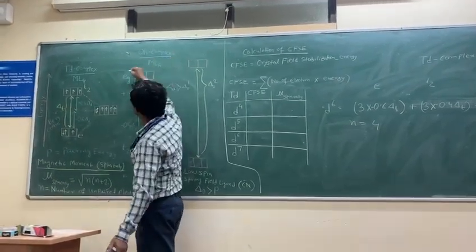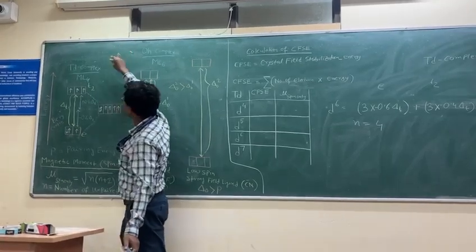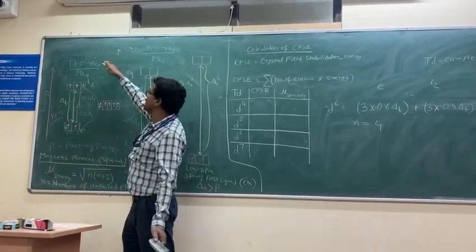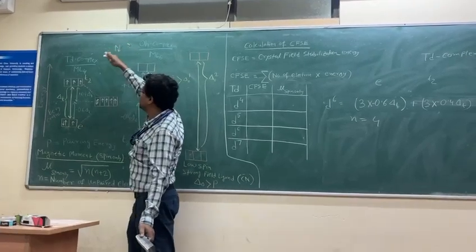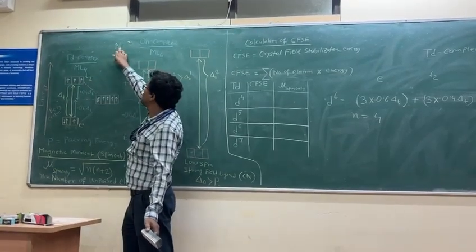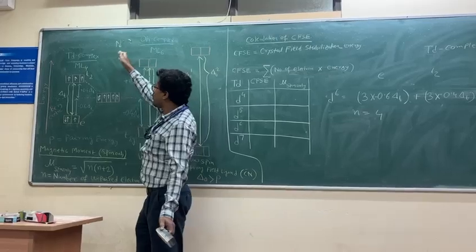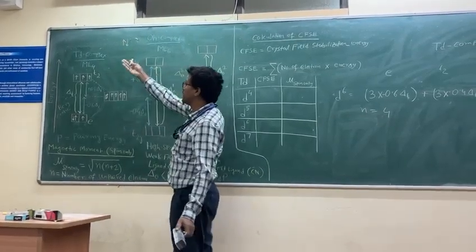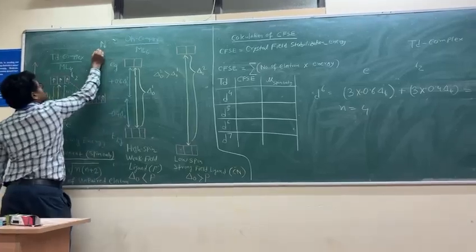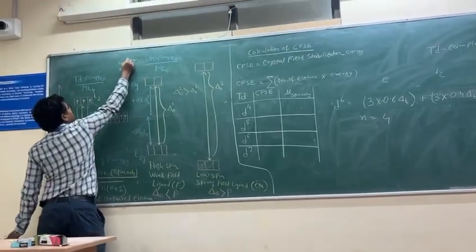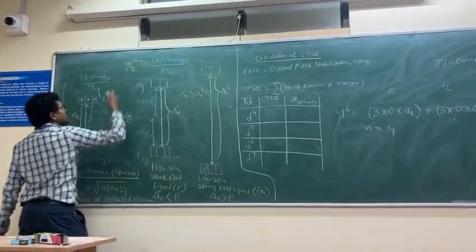Because whenever there is a single electron, that single electron when moving generates a magnetic moment. If there is another electron in the same orbital, then the movement of this electron is opposite. Opposite spin means opposite magnetic moment. So one magnetic moment will cancel another. Let's say it is North Pole, South Pole, then it will cancel each other.